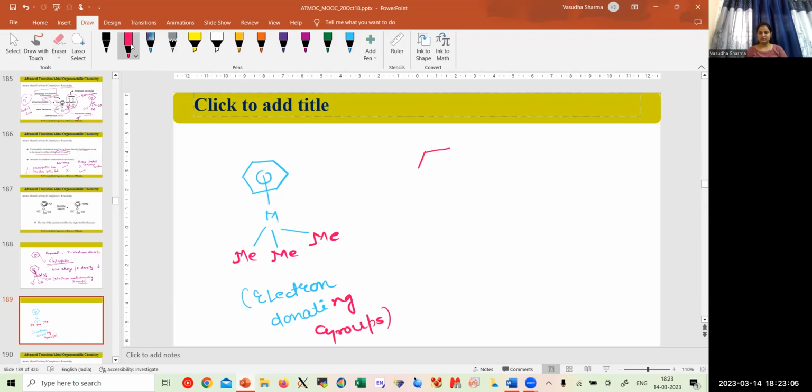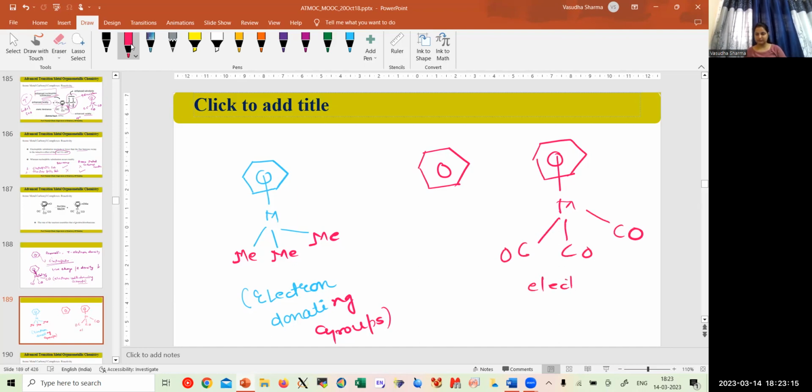And if we have a simple benzene ring, and now a benzene ring which has a metal and is connected with an electron withdrawing group, which one is more likely to undergo nucleophilic attack compared to this one and this one?